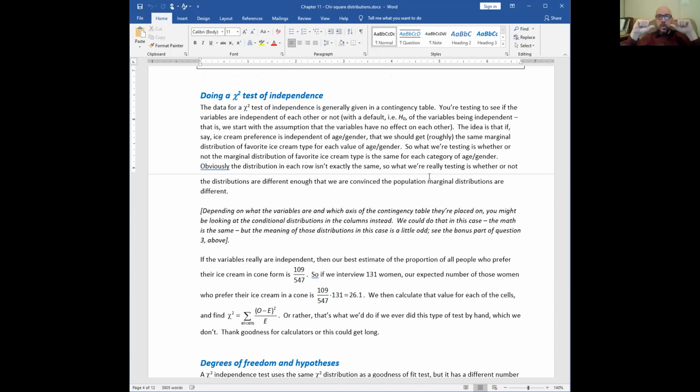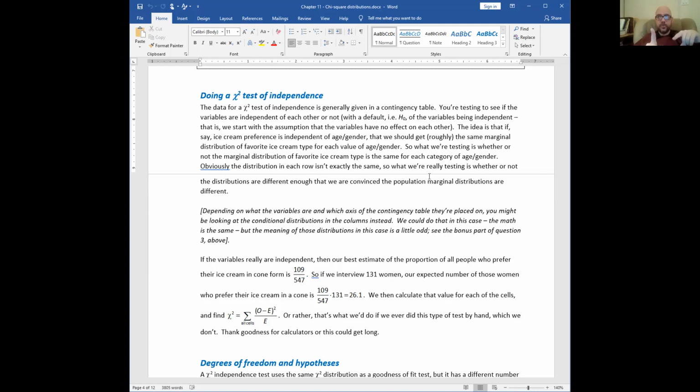In other words, we are going to need to see significant evidence that the two are related for us to think that they're related. Our default is going to be they're unrelated, one has nothing to do with the other one. And then the alternative, if we see significant evidence of it, we will believe that the two of them are related, that there's some sort of correlation between age, gender, and favorite ice cream type.